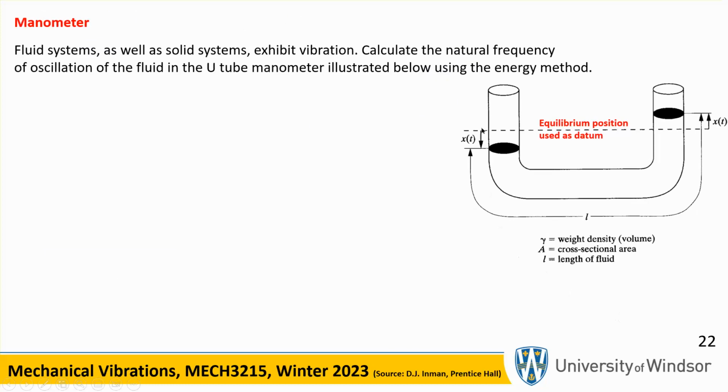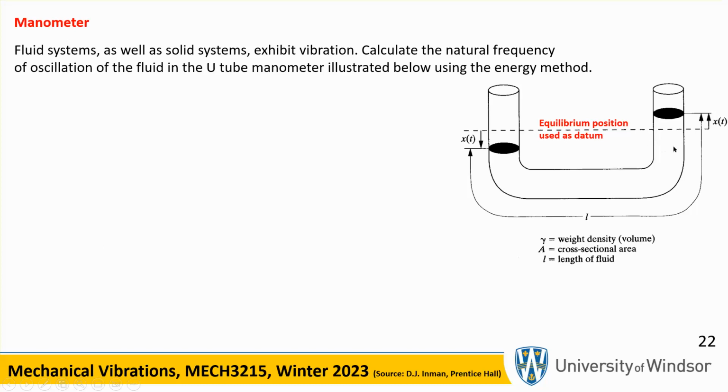Now, this problem I skipped in the class. We're running out of time, but I would like to discuss it here. So this is the manometer. In a manometer, again, the restoring force is the spring. No, sorry. The restoring force is gravity, due to the weight of the displaced liquid.